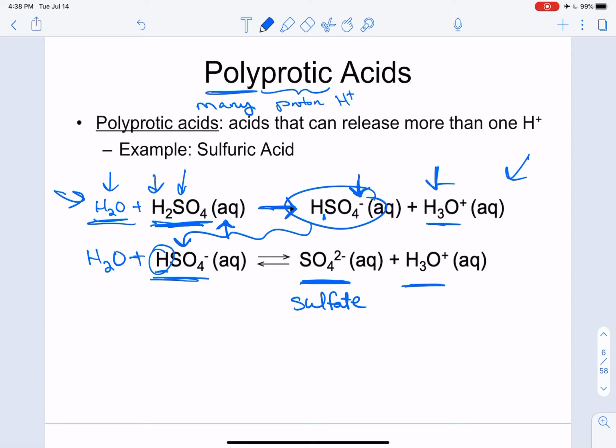Okay, so H2SO4 has two hydrogens it can give away. It'll give away the first one, no problem, but that second one doesn't like to come off a whole lot. And you can see that with a double-headed arrow right there. It's indicating that HSO4 is a weak acid, and so you're going to have a lot of this sitting around, and it's not going to completely dissociate.